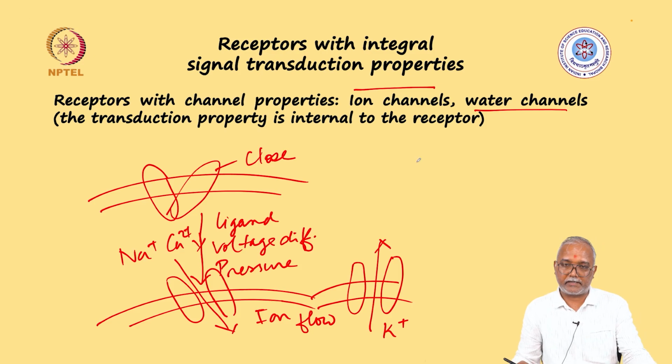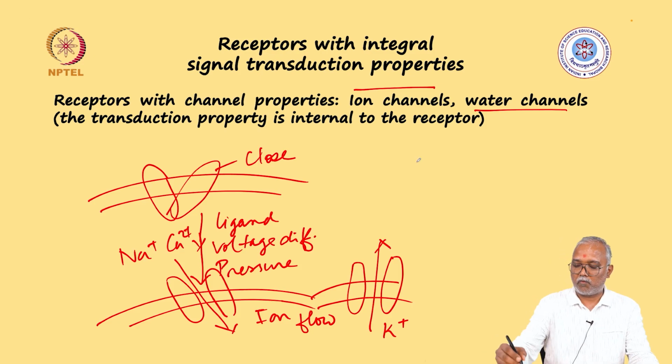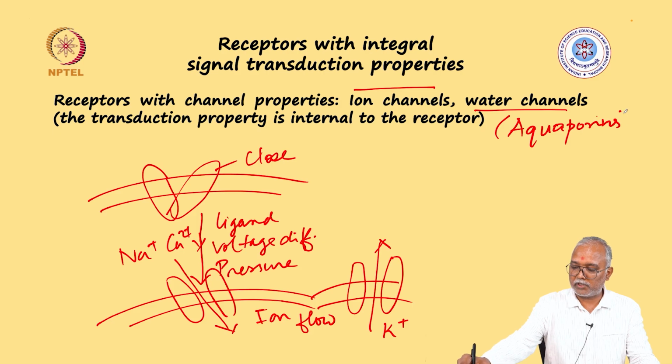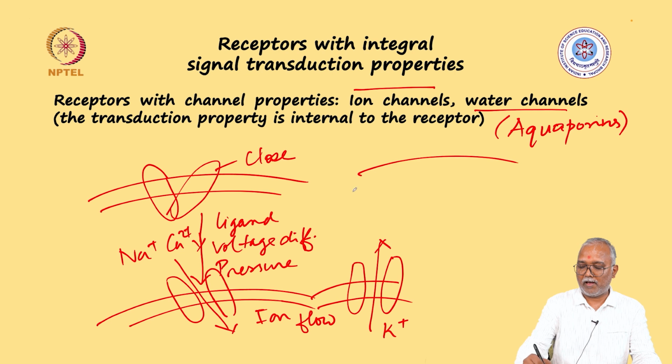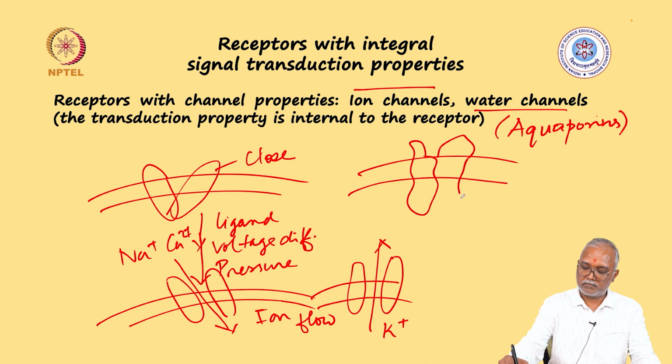We will be discussing a particular type of channels which are called water channels, and they are also called aquaporins. Basically, the pores which allow the passage of water molecules. So here also you will have these channels, allowing the passage of the water molecule.